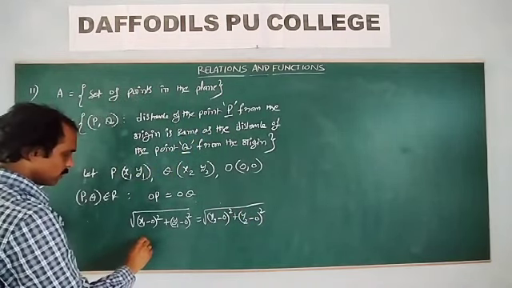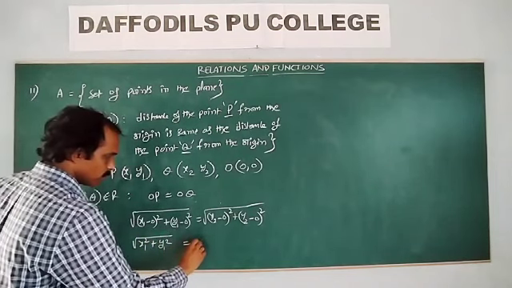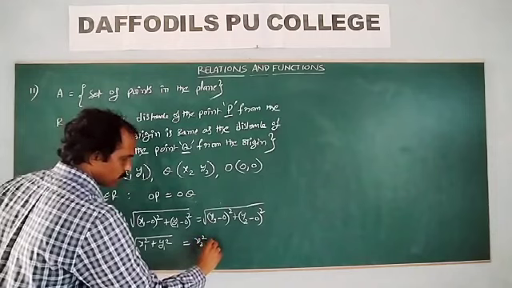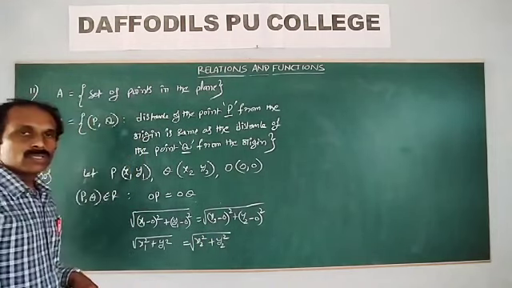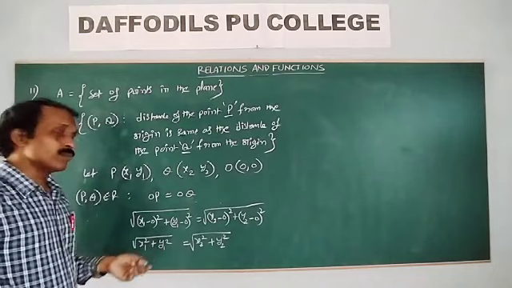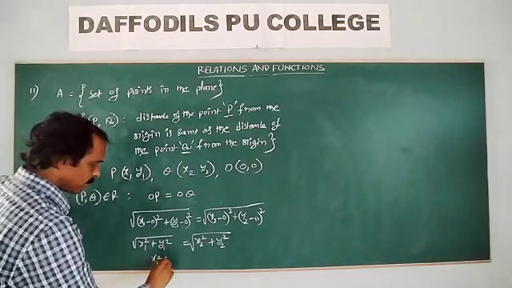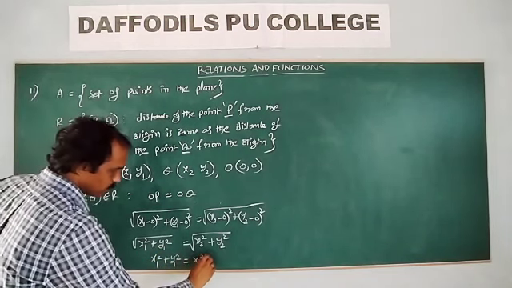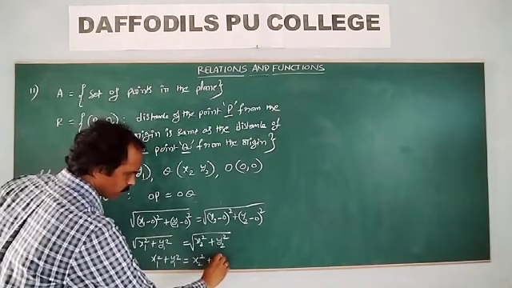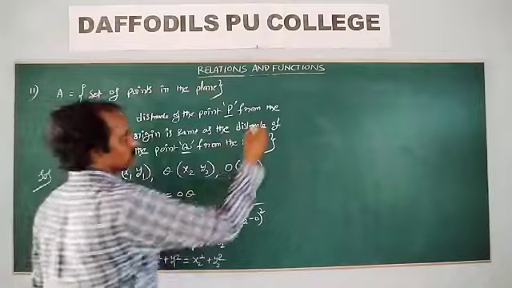This implies square root of x1 square plus y1 square equals square root of x2 square plus y2 square. Squaring on both sides to remove the square root, x1 square plus y1 square equals x2 square plus y2 square. So this is the relation.